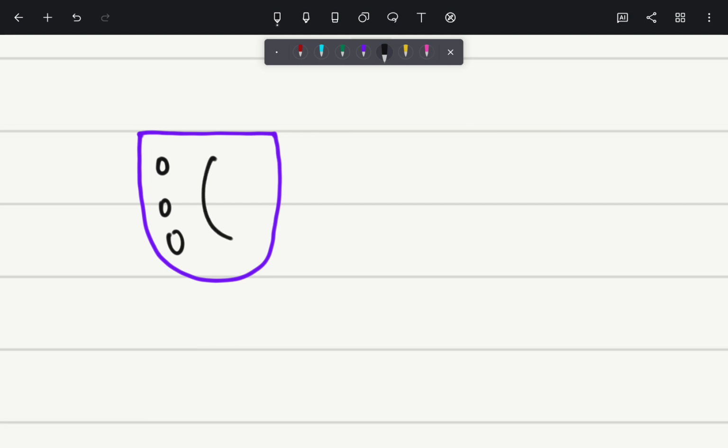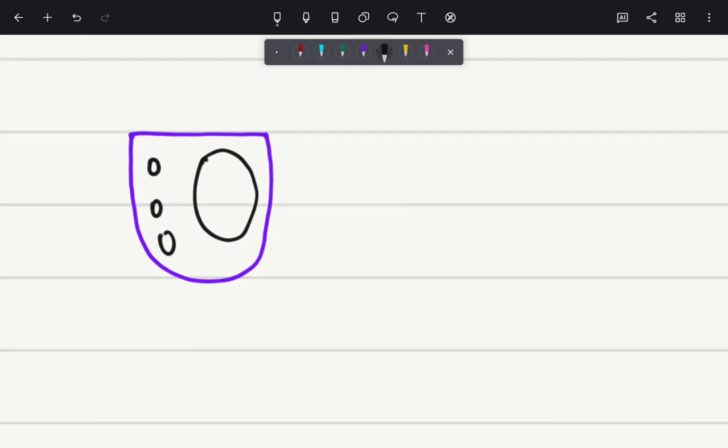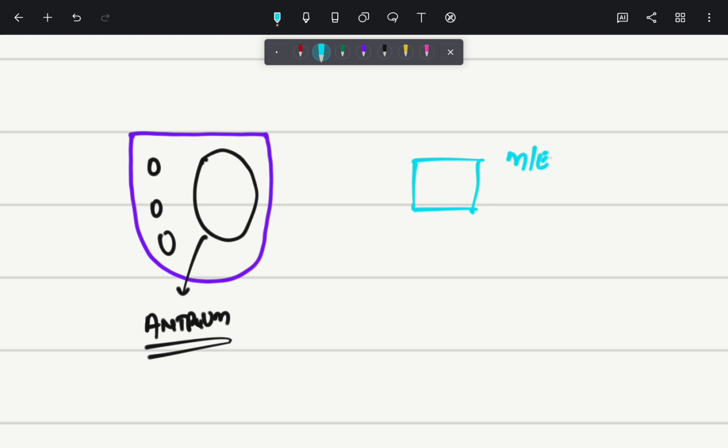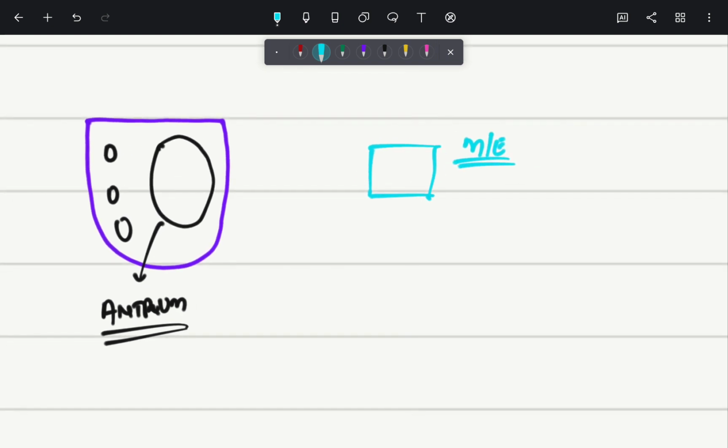One of the biggest air cell in the mastoid is called as your antrum. And this mastoid is connected to the middle ear. As you can see here, the mastoid is connected through a middle ear via a tube, and this tube which is connecting the mastoid and the middle ear is called as your adytus.